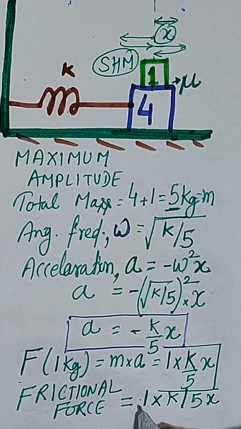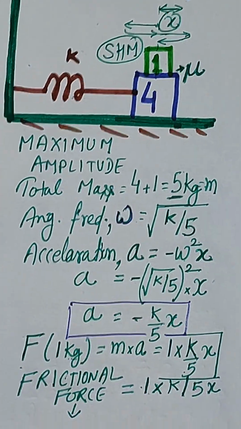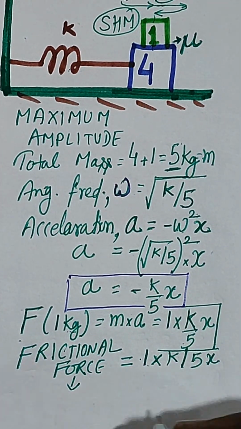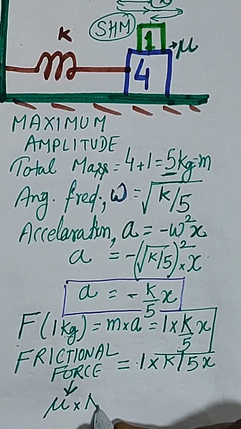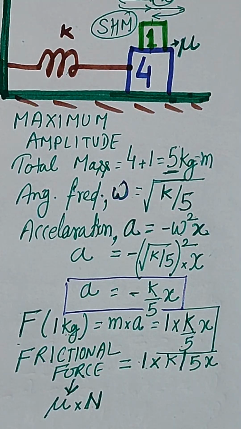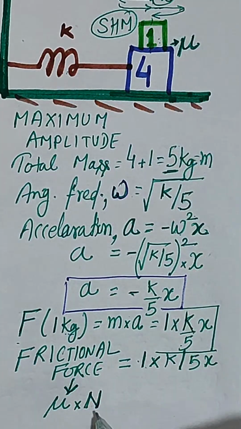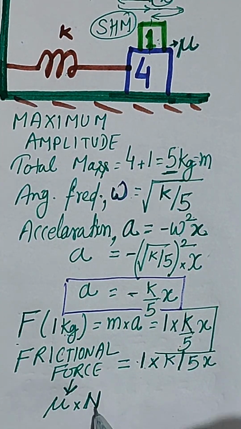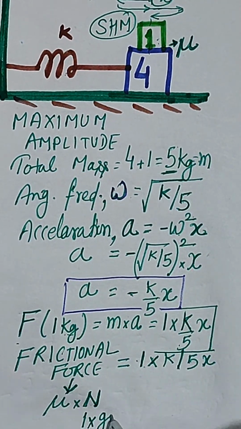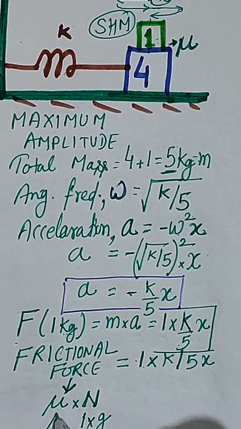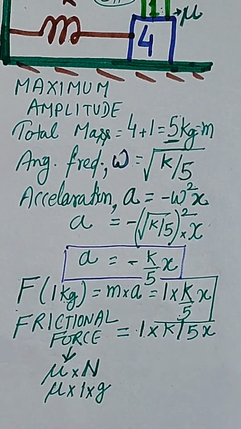The frictional force is basically mu times n, where n is the normal reaction. n can be written as m into g, so 1 into g, mu into 1 into g.